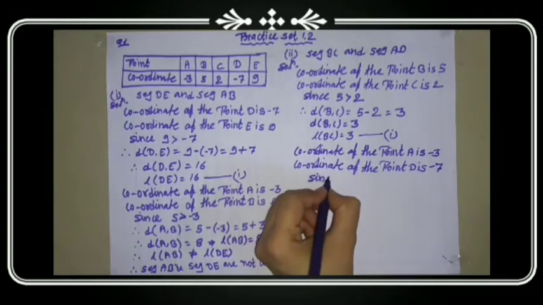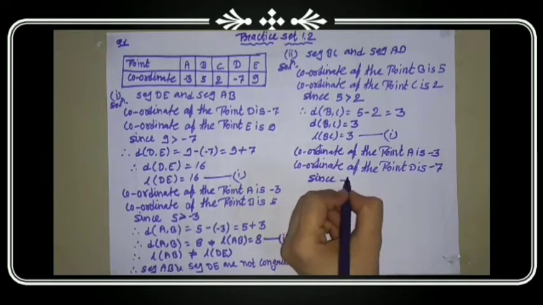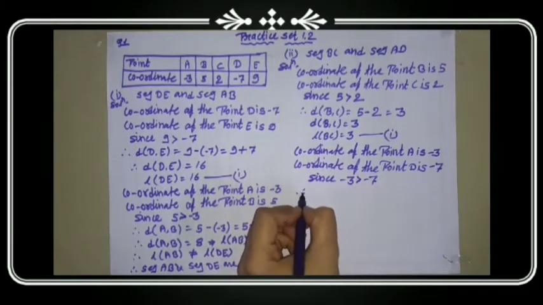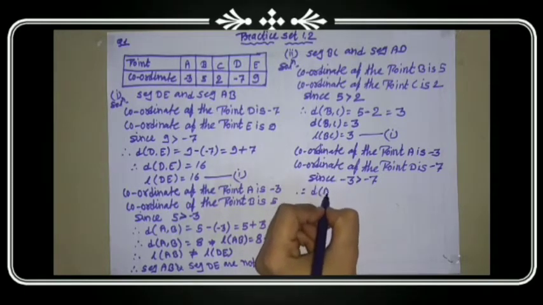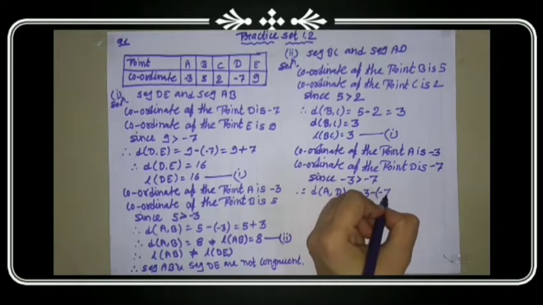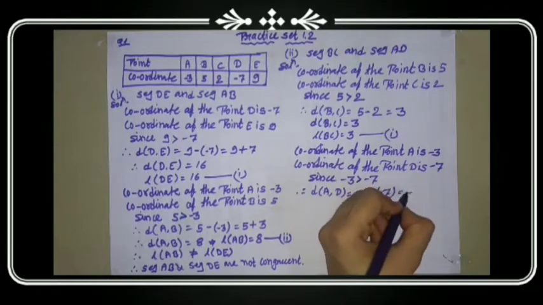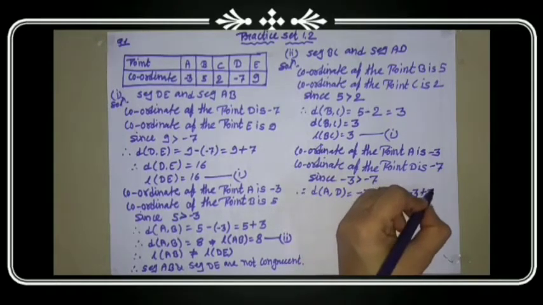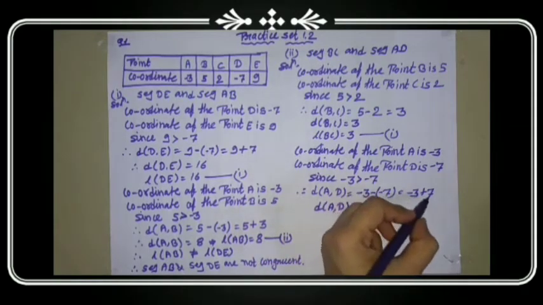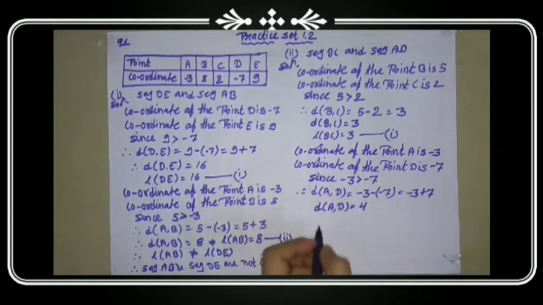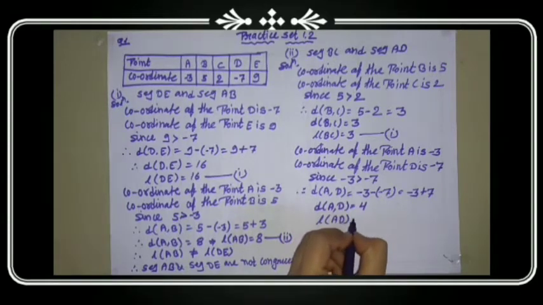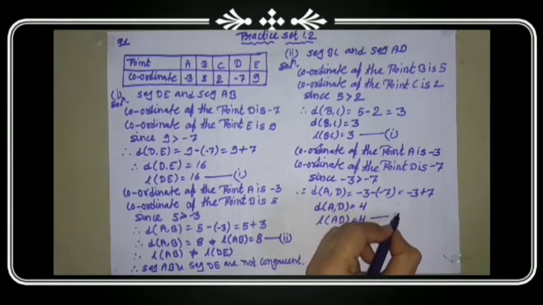Since minus 3 is greater than minus 7, therefore distance of AD equal to minus 3 minus minus 7 equal to minus 3 plus 7. Distance of AD equal to minus 3 plus 7 equal to 4. It is also denoted by length of segment AD equal to 4, denoted by second equation.